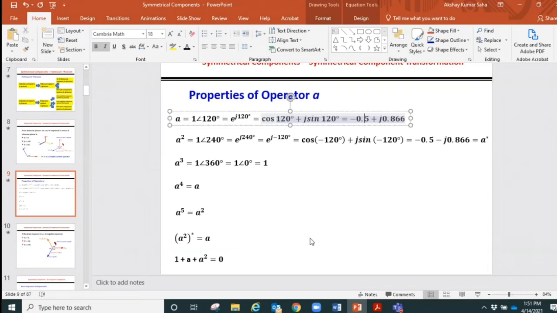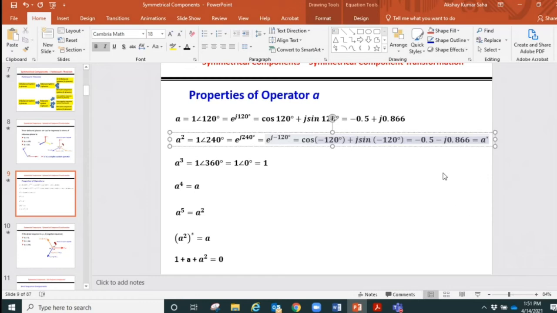Now if that is a, what will be a squared? We can do it very easily. It will be a times a, 1 at an angle 120 degrees times 1 at an angle 120 degrees, so we get 1 at an angle 240 degrees, which can be expanded, and we'll find that it's actually minus 0.5 minus j 0.866.